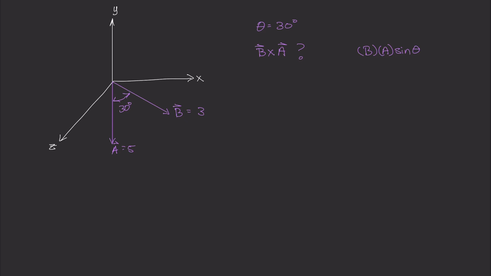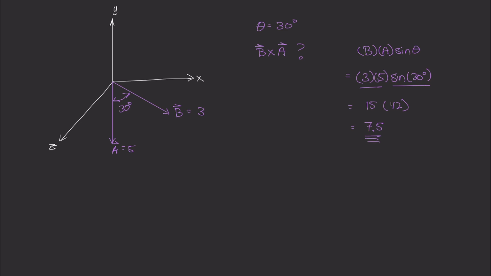The magnitude for B is 3, and the magnitude for A is 5. So I can write this equation as 3 times 5 times sine of 30 degrees. 3 times 5 is simply 15, and sine of 30 is 1/2. So if I solve this out, this value is 7.5.